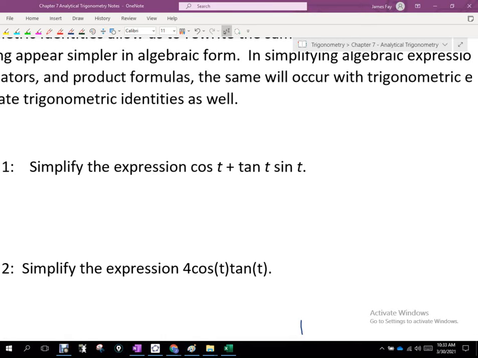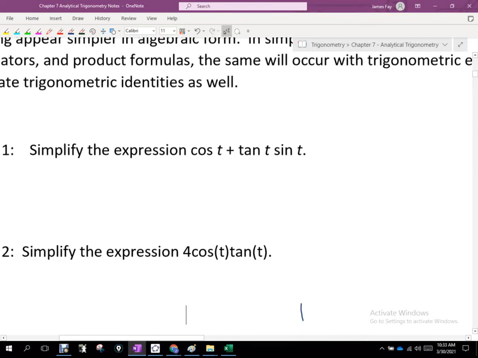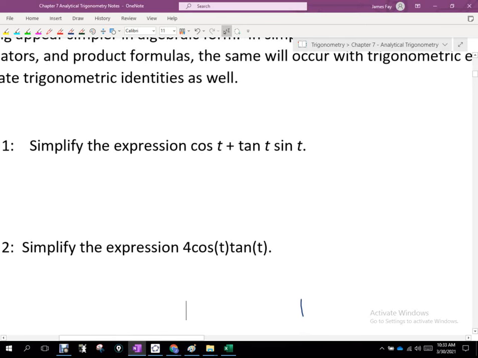But to simplify this expression, okay? Now, what kind of stinks, and it's just like any other Algebra 1, Algebra 2 problem that says simplify, that means get it down as far as you can. Get down to an equivalent version of itself as far as you can. Okay? Usually it means you only want like one trig function left over.